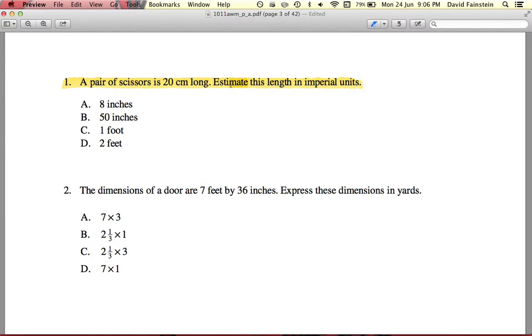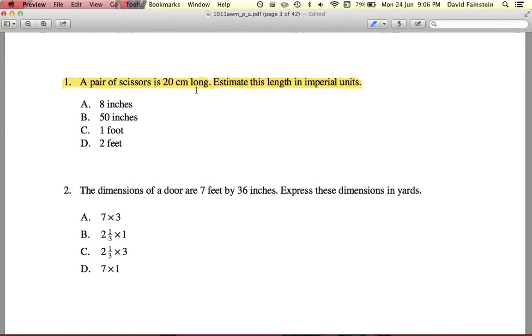Don't forget that estimating is true estimating. When they tell you to estimate on the exam, they really mean you need to guess. Now, of course, you're making a best guess. You're not doing a wild guess.